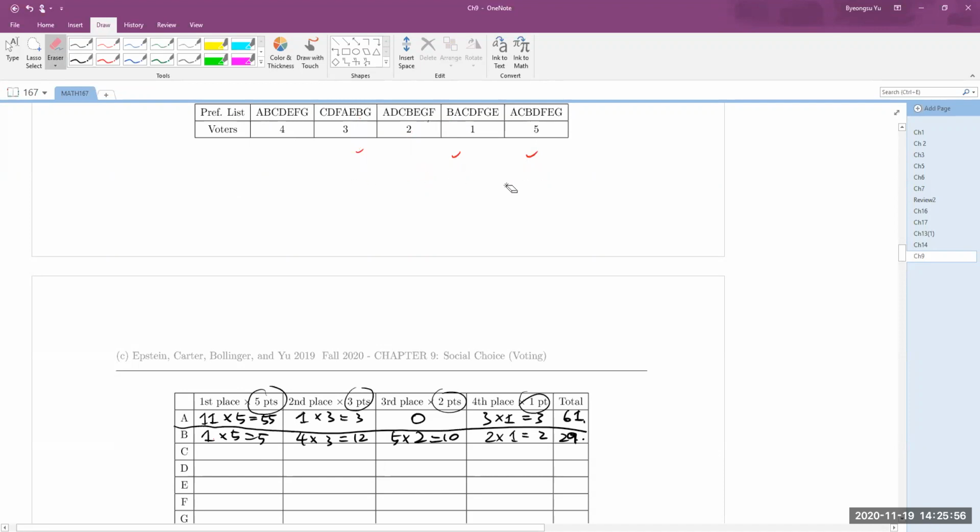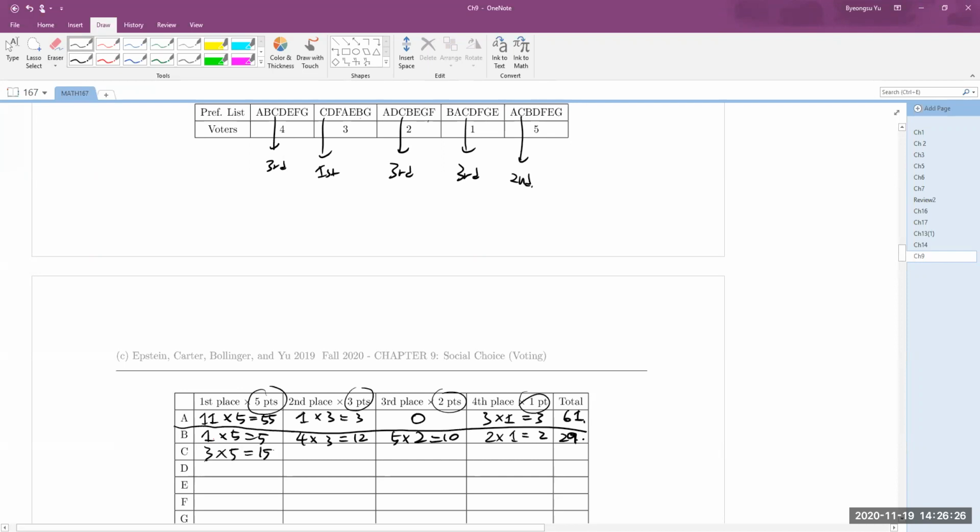Okay. And you can do the same thing for C. So here, the first one is in the third place, and the second one is in the first place. The third one is in the third place. The first one is in the third place, and another is in the second place. So there are three voters who think that she is in the first rank.